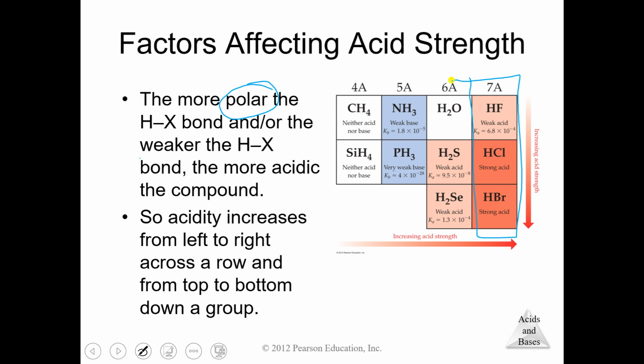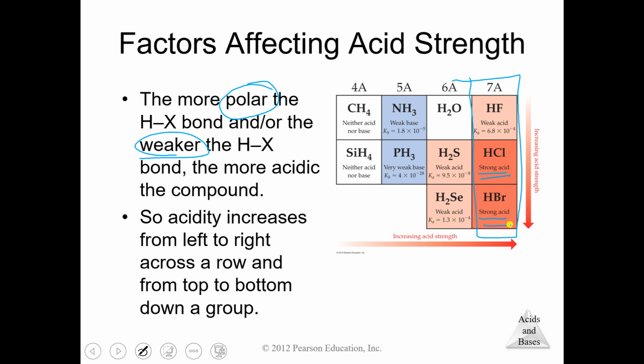So the more polar and weaker the bond, the more acidic. Remember, we said strong acids are a direct relationship, not to strong intermolecular or intramolecular forces, but because the bonds are weaker, they very easily dissociate into solution. So if they very easily dissociate into solution, they're going to be more acidic.